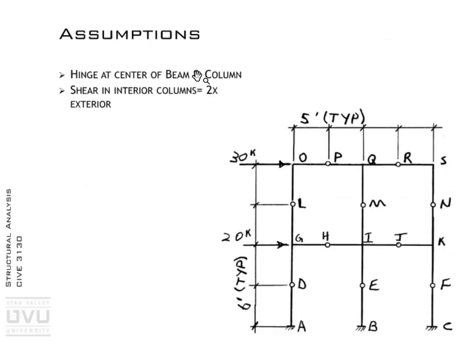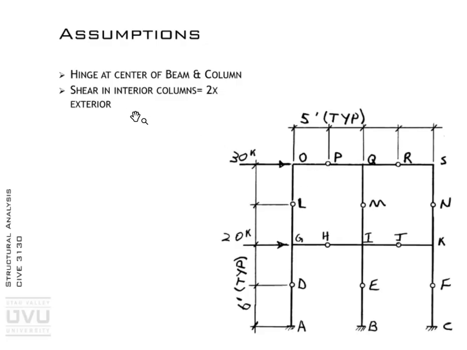One is that there's a hinge at the center of each beam and column. The reason that's accurate is there tends to be a point of inflection, where you go from one sign of moment to another, near the middle of those members. So it's not a bad assumption because it happens naturally in the mechanics of the frame.